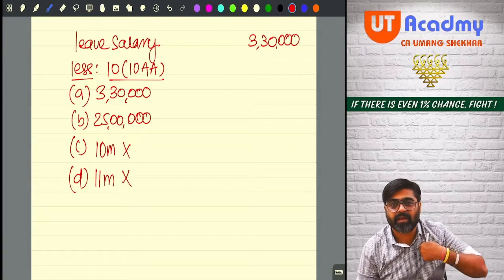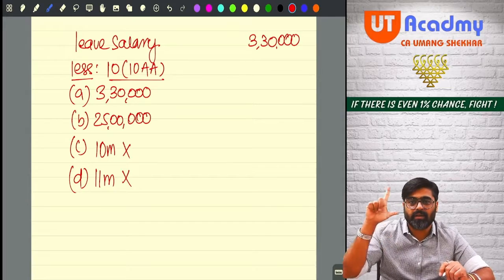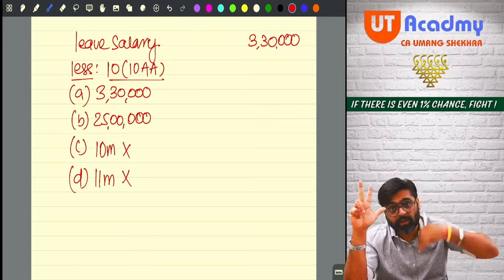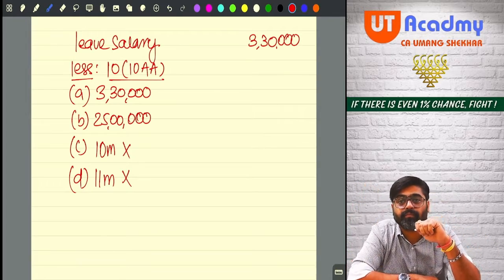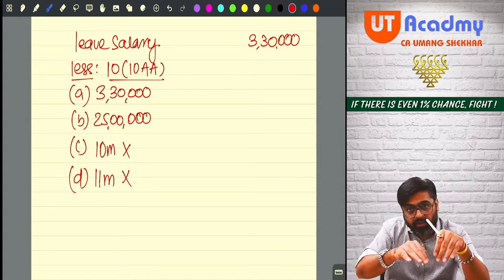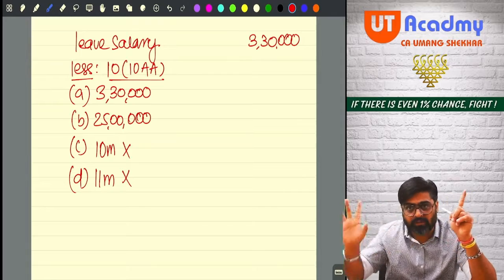In this average salary, I have to take what? Basic, DA in terms, turnover commission of 10 months, including the month of retirement. So my month of retirement was January. So including January and earlier 9 months also, I will take basic of all these 10 months.